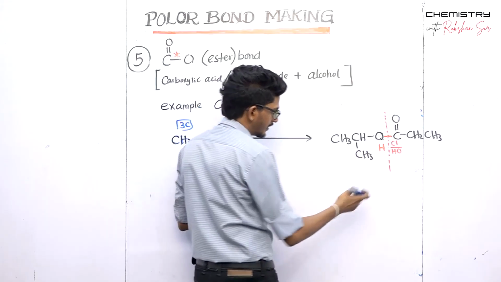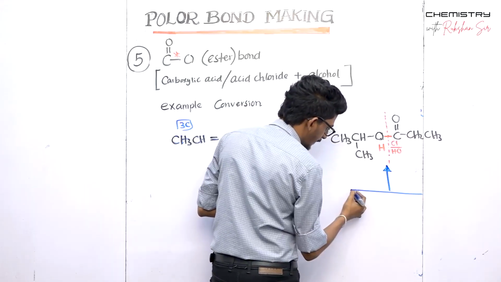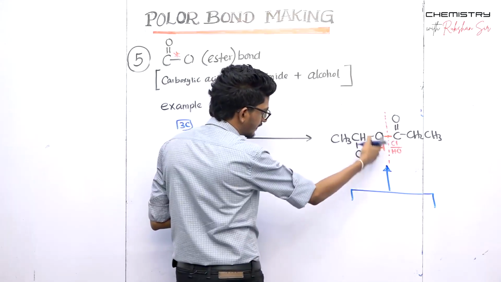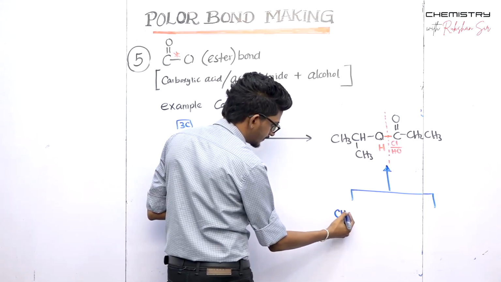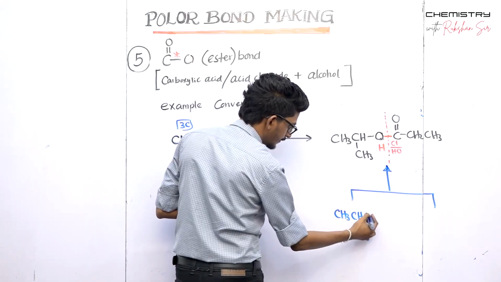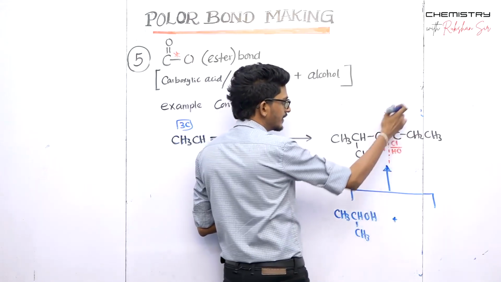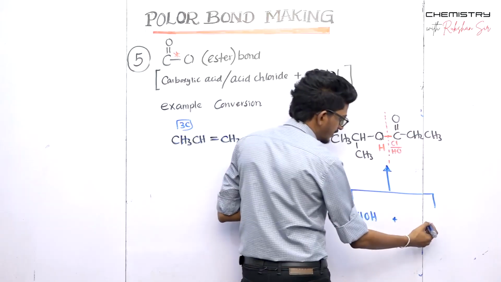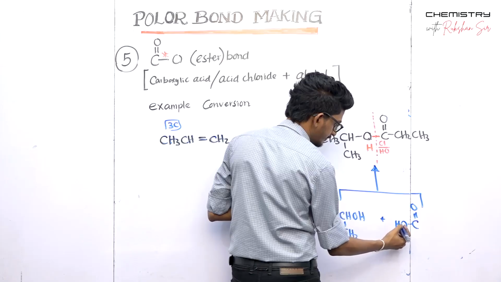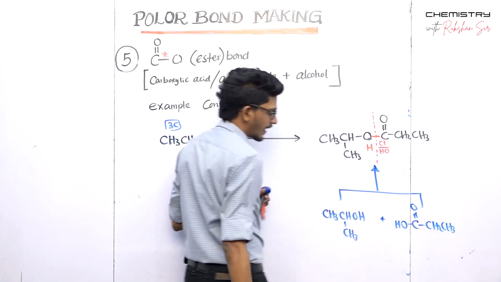So let's see. This is formed by reacting this alcohol with this carboxylic acid.